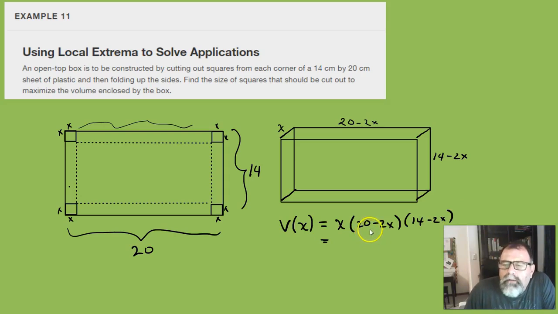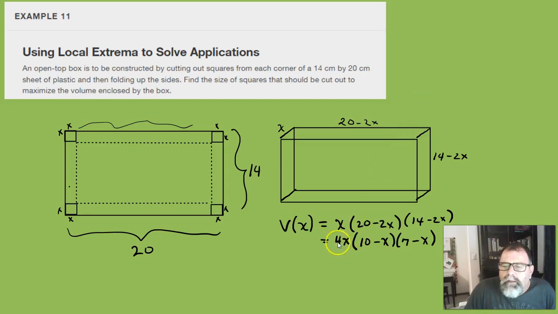And let's see here, I can factor out 2 from this one and 2 from that one. So I'm going to get 4x times 10 minus x times 7 minus x. Okay, this is a polynomial of degree 3, and I want to maximize it.